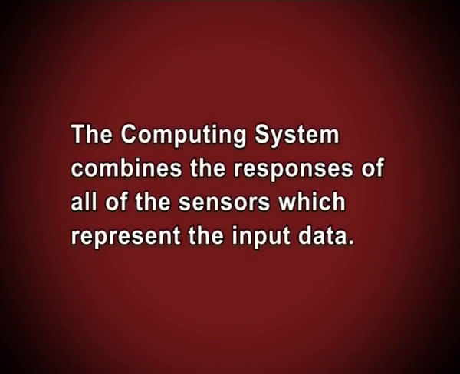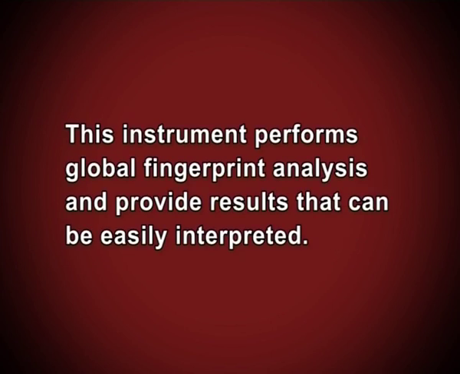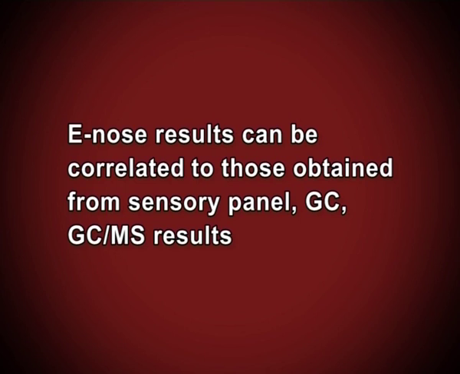The computing system combines the responses of all the sensors, which represent the input data. This instrument performs global fingerprint analysis and provides results that can be easily interpreted. E-nose results can be correlated to those obtained from sensory panel, GC, GC-MS results.